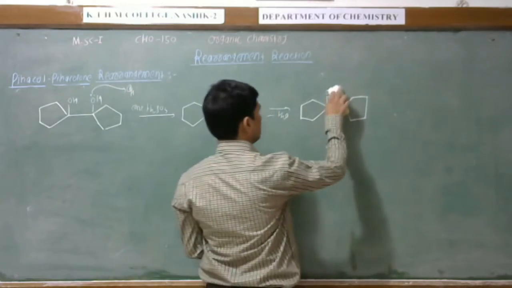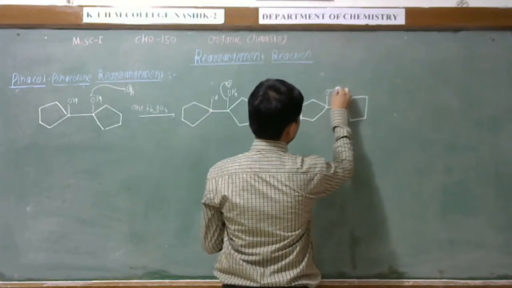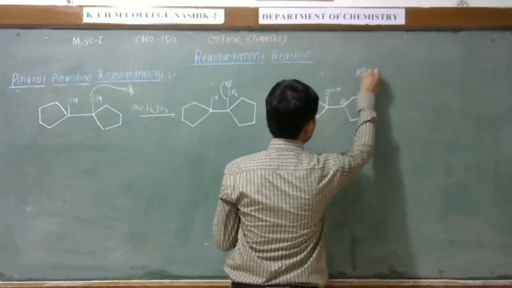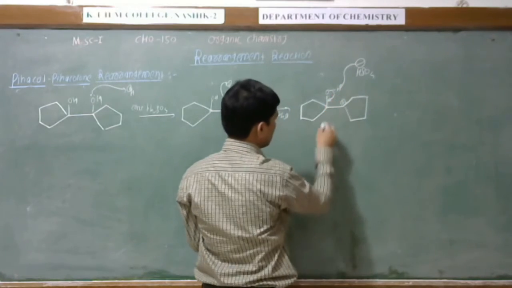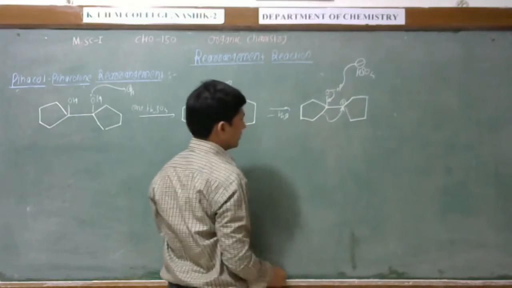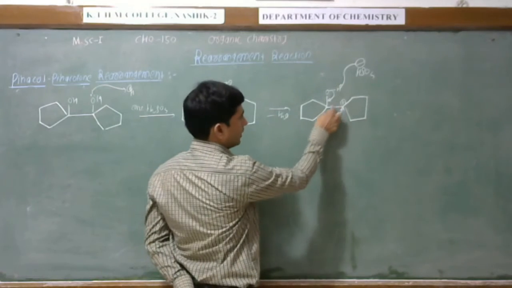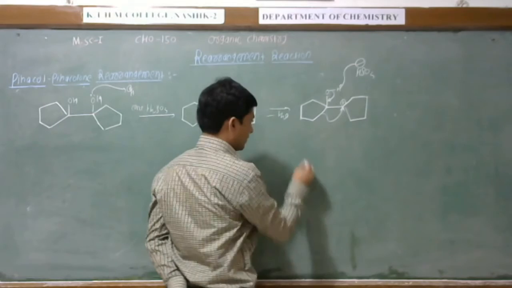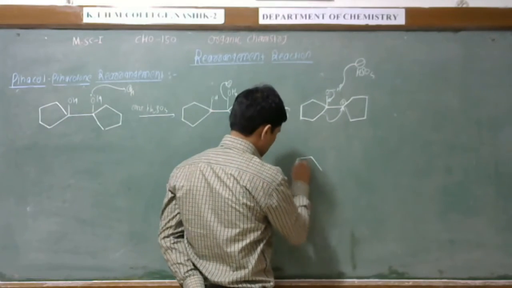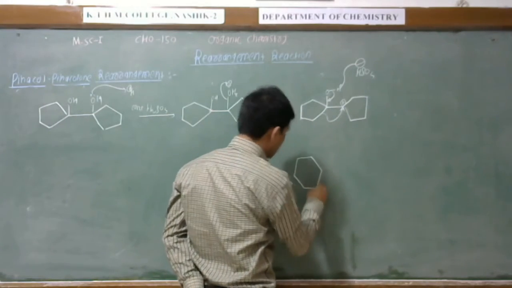Now in the next step, the conjugate base HSO4 minus ion takes this hydrogen, this bond will shift here, this bond will shift here. So we get here a 1, 2, 3, 4, 5 and 6 membered ring. See, this is the 6 membered ring.